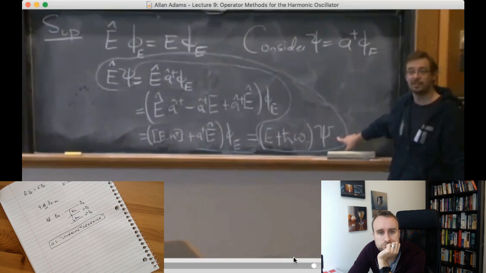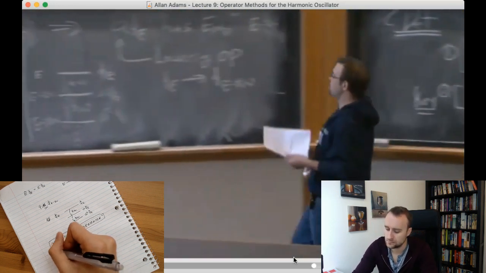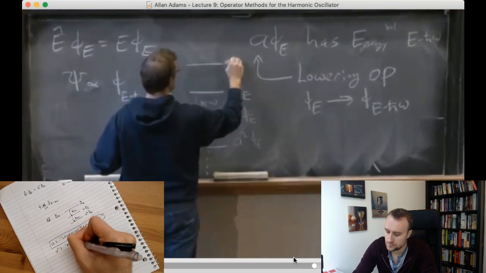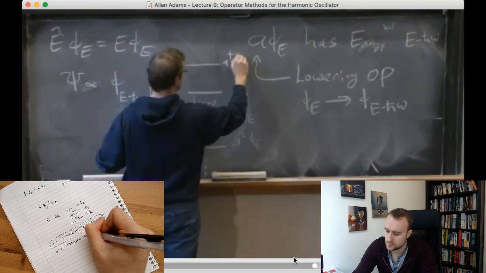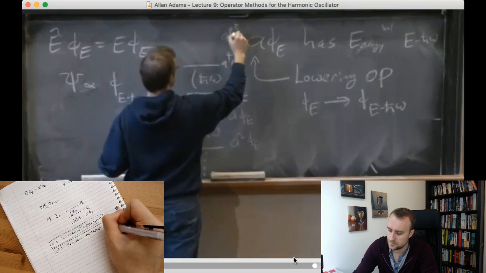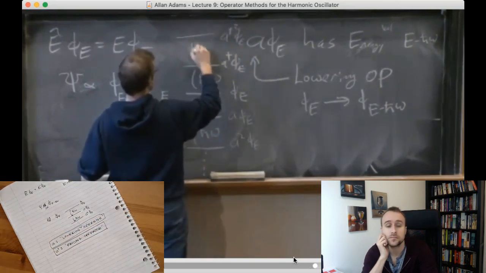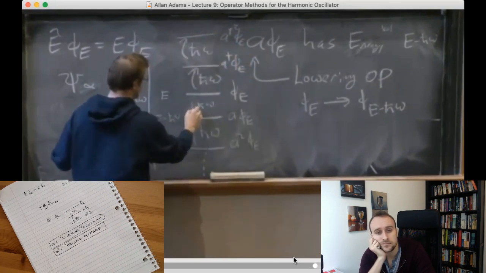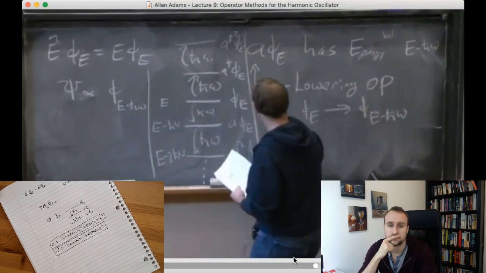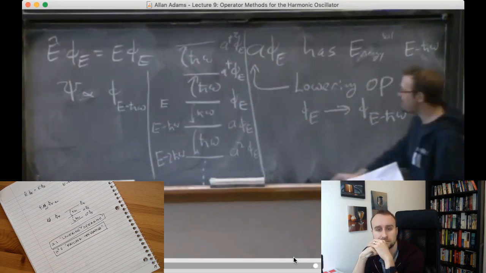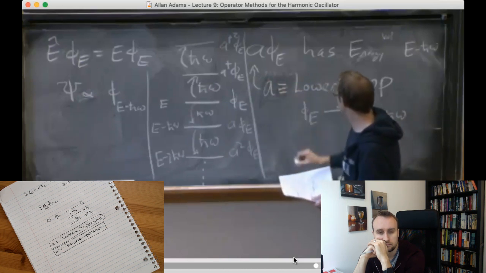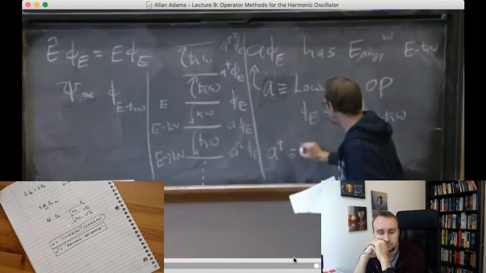So we go down by acting with A, and we go up by acting with A dagger. And again, the spacing is h bar omega. And we go up by acting with A dagger again. So A and A dagger are called the lowering and raising operators. A dagger, the raising operator.